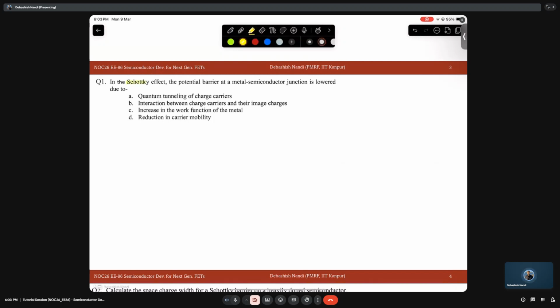The first question asks: in the Schottky effect, the potential barrier at a metal semiconductor junction is lowered due to what? So first we need to understand what the Schottky effect is.